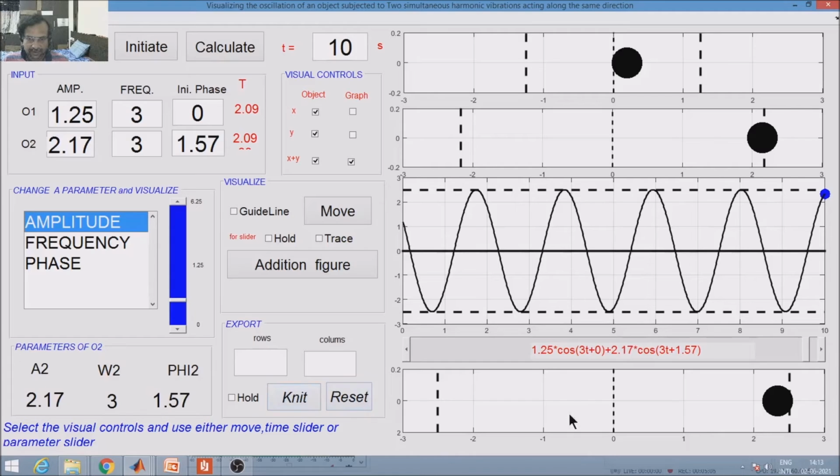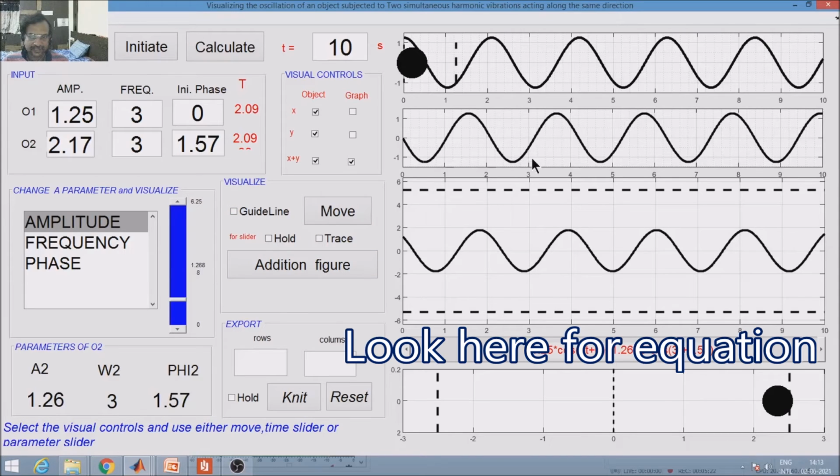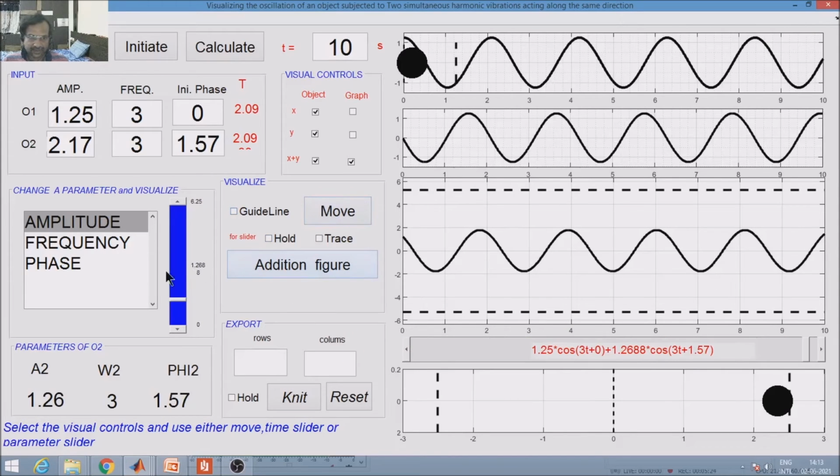Now we will not see the motion of the object, we will see only the graph. How does the graph look? So as the amplitude increases, what happens? Observe here. This is the graph for the first oscillator, the graph for the second oscillator, and the graph for the combined motion.